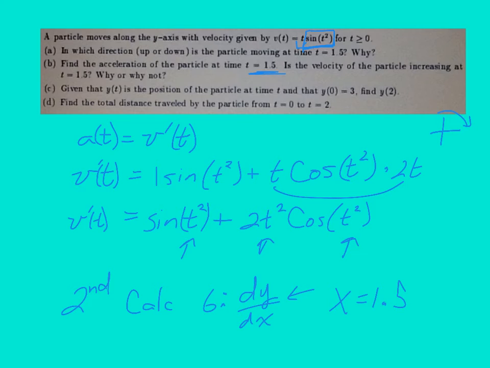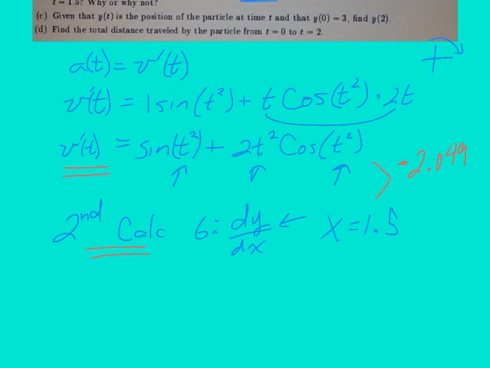Either way, when I take the derivative using the formula or using my calculator, I'm going to get negative 2.049. Now the question becomes, is the velocity of the particle increasing at 1.5, and why or why not?